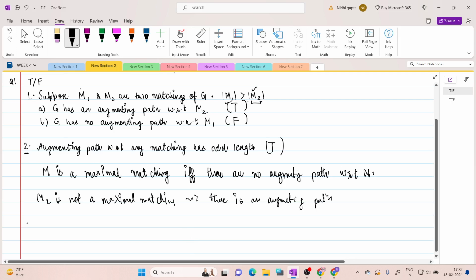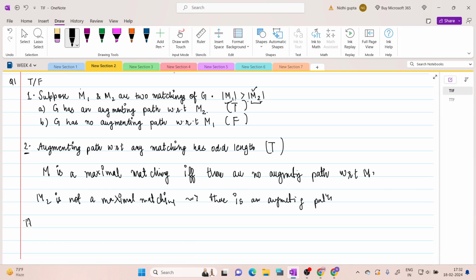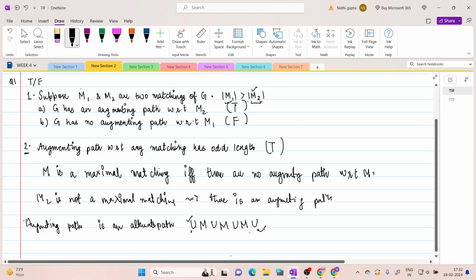The second part is also true because an augmenting path is an alternating path, with unmatched, matched, unmatched, matched edges. Also, since it starts with an unmatched vertex and ends with an unmatched vertex, the initial edge would be an unmatched edge and the last edge will also be an unmatched edge.